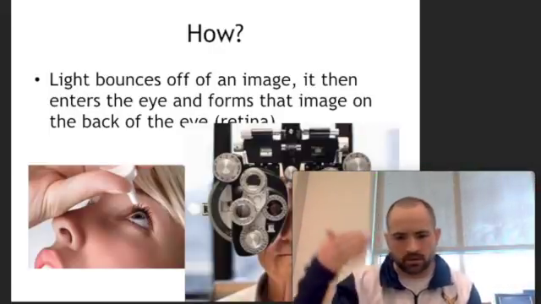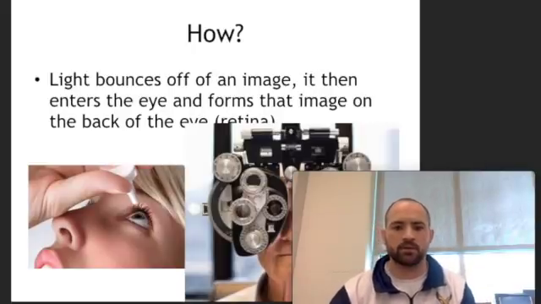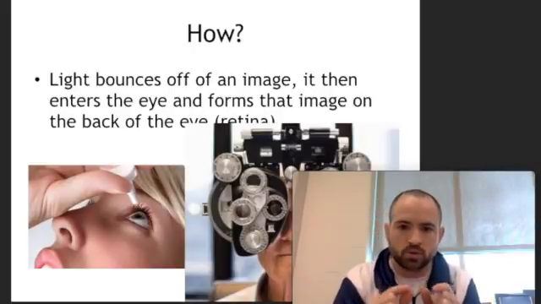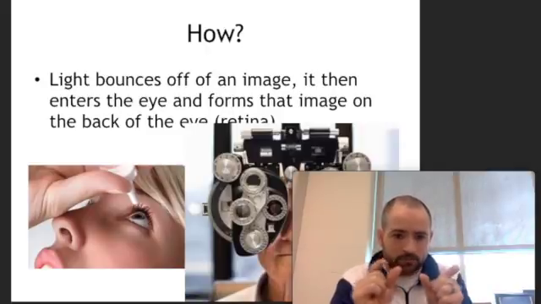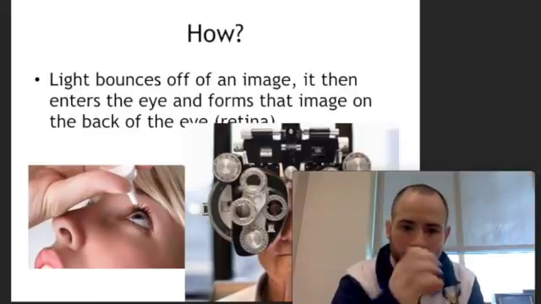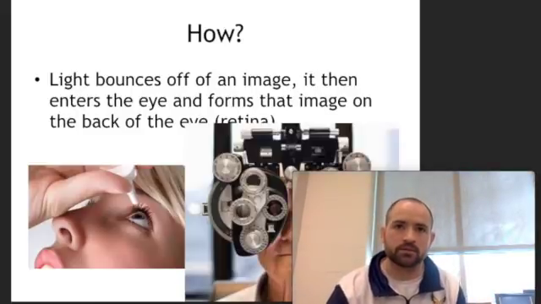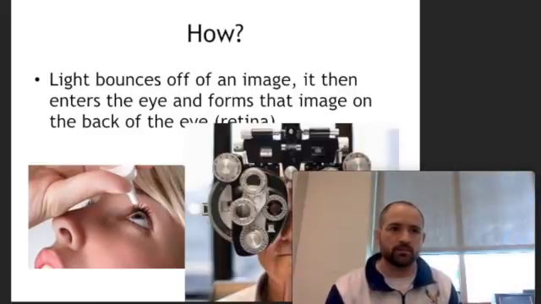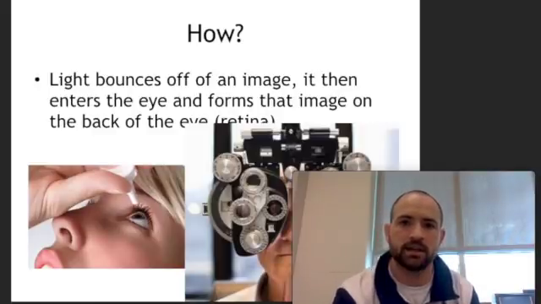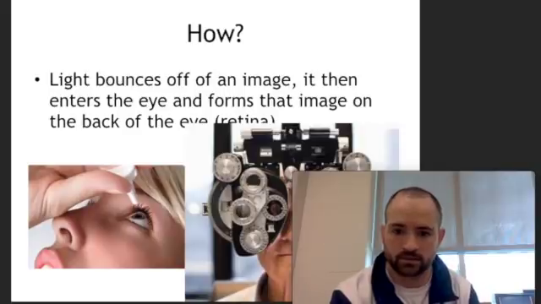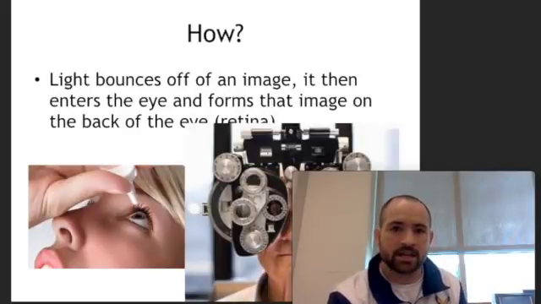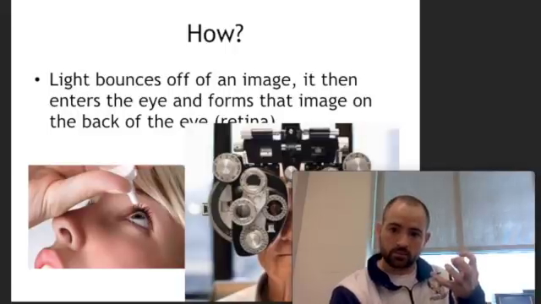It goes through the cornea, and depending on how much light there is, your pupil will automatically get bigger or smaller, kind of like a camera, zooming in to get more light in. Your pupil automatically does that due to the autonomic nervous system, as we talked about in our last unit.